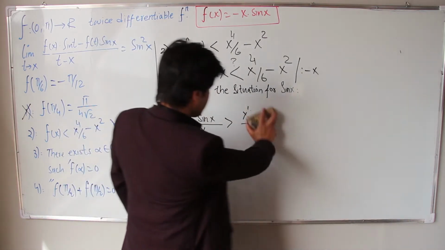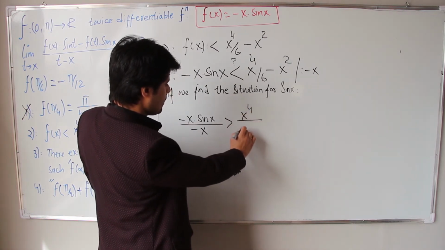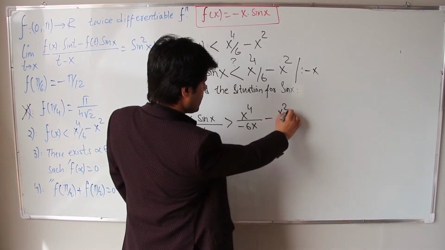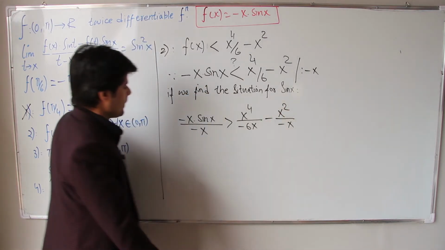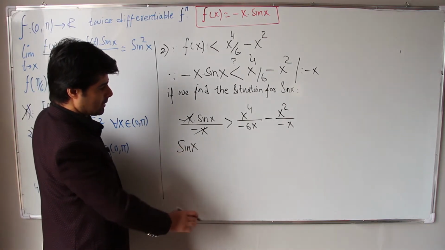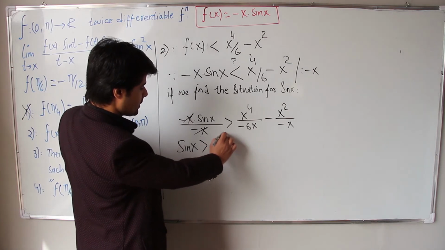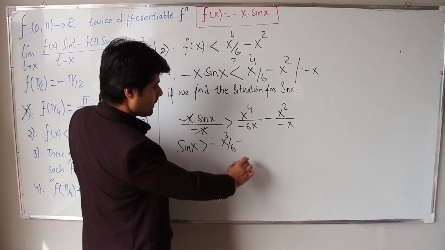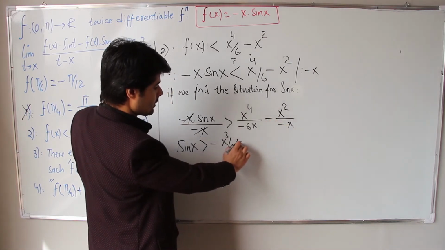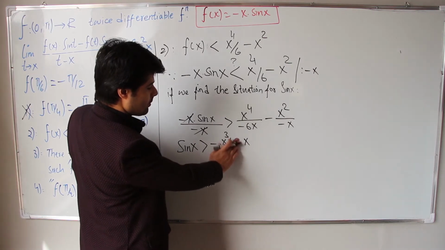Or we can write it x to the power 4 divided by minus x, minus x squared divided by minus x. Now we can cancel this one. We will find the situation sine x is greater than, and we have this one, minus x to the power 3 divided by 6 minus minus, we have plus, and x squared divided by x, it's I think x. Am I right?